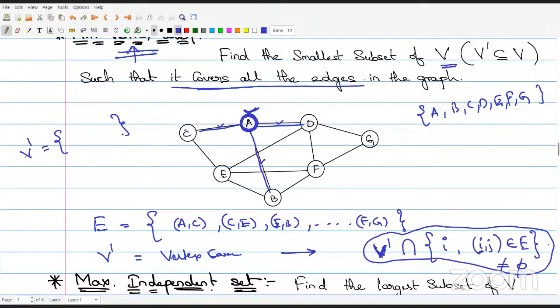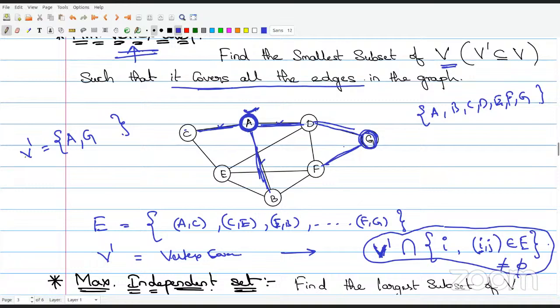Similarly, if I pick vertex G, it covers these two edges. Like coloring, you have to pick the minimum number of vertices such that all the edges are covered. Just now I gave an example. If I have picked A and G, these edges are covered.